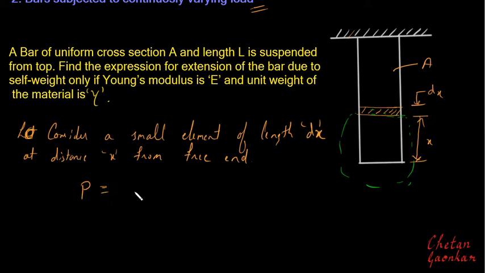So the total load acting on this small element will be the area multiplied by x, which is the volume, and this volume multiplied by the unit weight of the material, given as gamma. So the unit weight multiplied by this much volume will give us the load acting on the section.